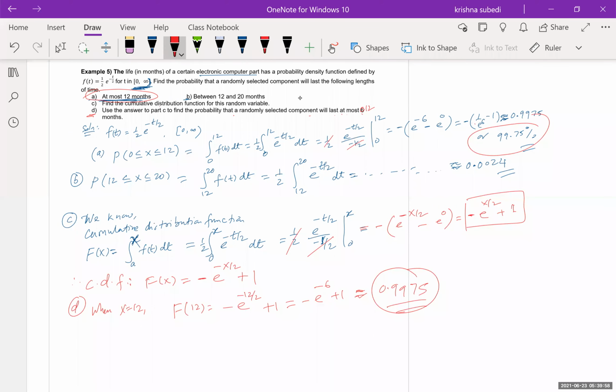And just for fun, you can try what is the probability when x equals 6, for example. You can calculate that yourself as well. Okay, any questions so far?